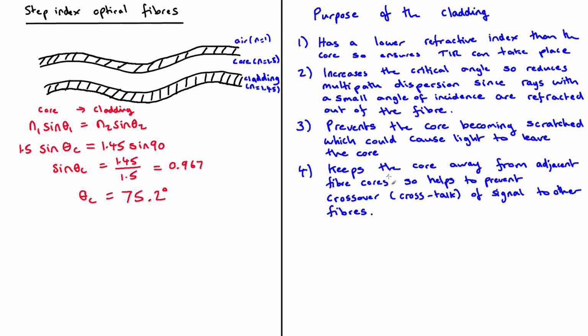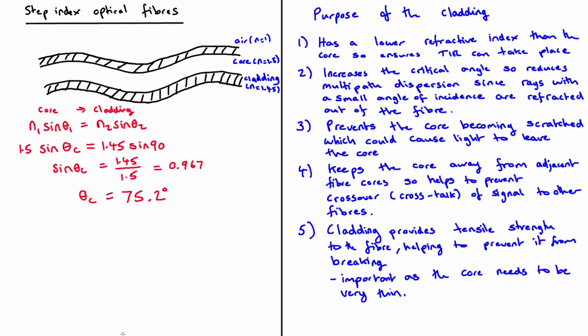And therefore, it is important to have the cladding there so that you keep the core of one fibre away from adjacent fibre cores, because otherwise, if the cores could touch, then you could have a signal crossing over from one fibre core to another, what we would call crossover or sometimes crosstalk. So we're preventing that. Obviously, very important that we prevent that from happening, and the cladding is what does that.